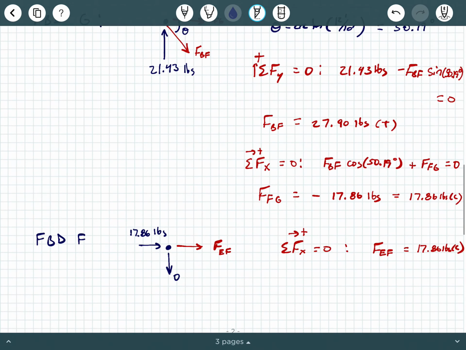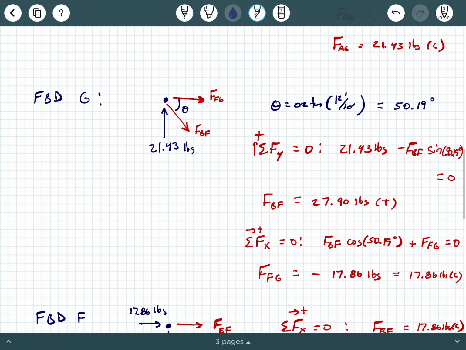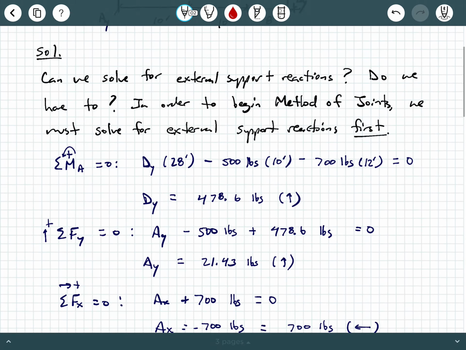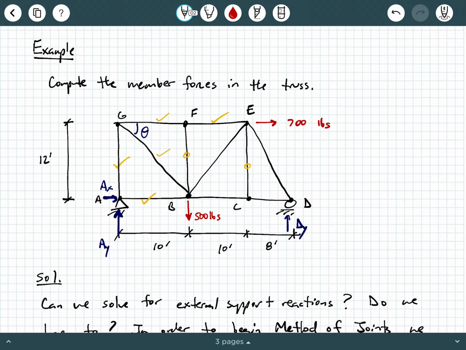FAG. Yeah, it looks like I labeled something wrong here. The calculation should be right, but look at this. This should be FBG. So let's fix that. FBG. Yep, FBG. That's just a labeling issue. Make sure I didn't label anything else wrong.